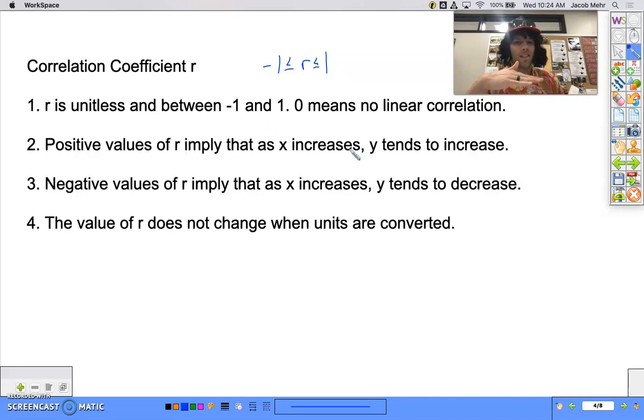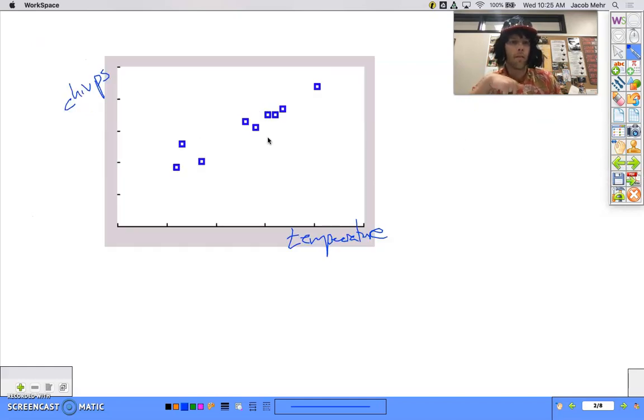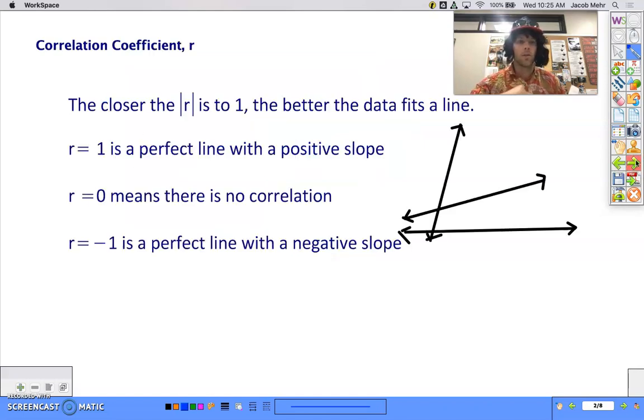That means as X increases, Y tends to increase. And when we look at this graph, that's what I notice here. As the X increases, the Y's increase. So I think that this one is going to have a positive correlation, because as X increases, Y increases.